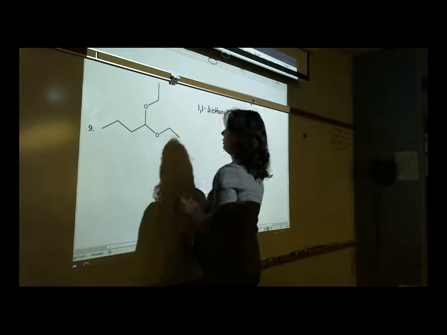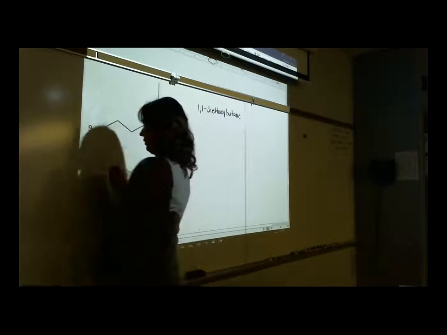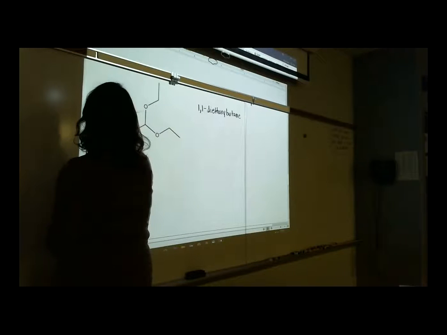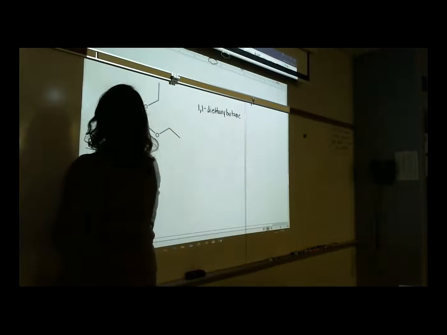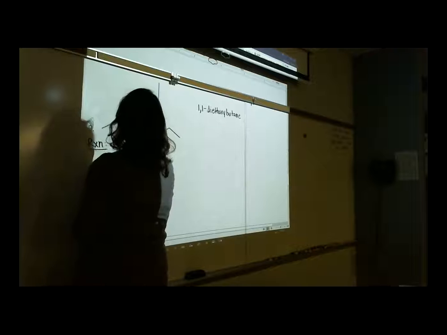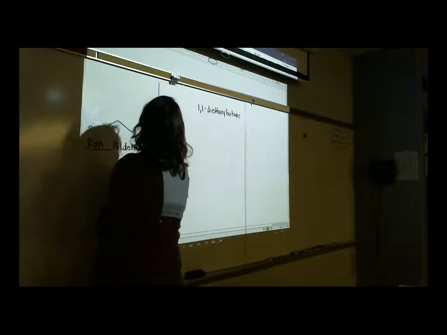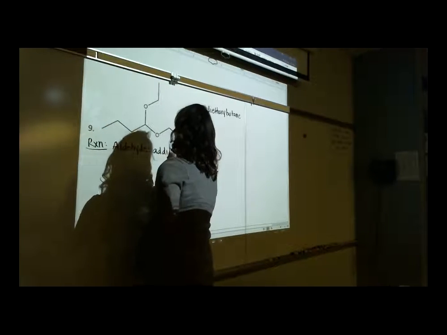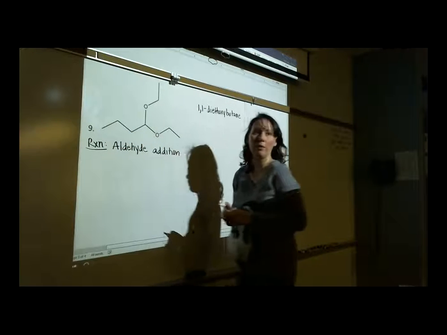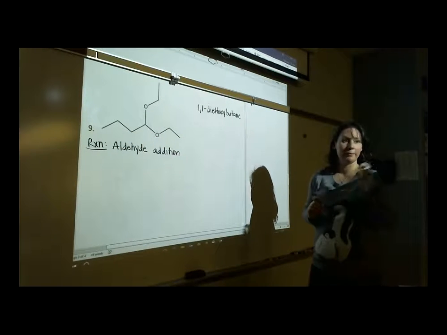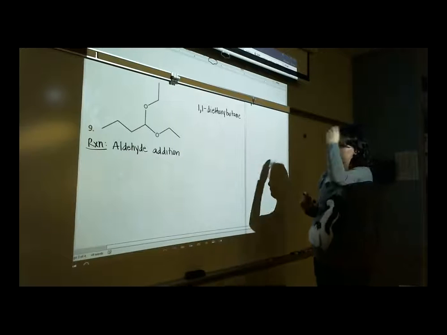What reaction produces this? There's only one we talked about. Okay. So this is the aldehyde addition. Remember, that's the two-step reaction we talked about, aldehyde plus alcohol. You get an intermediate, and then your intermediate reacts with another alcohol.